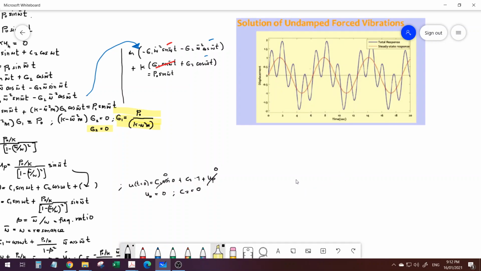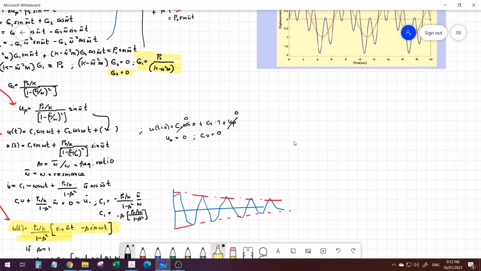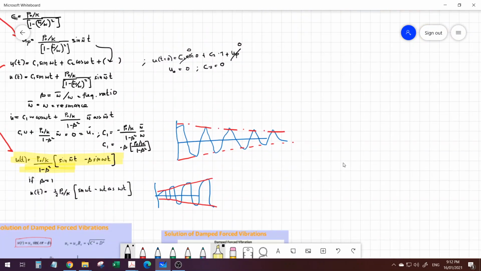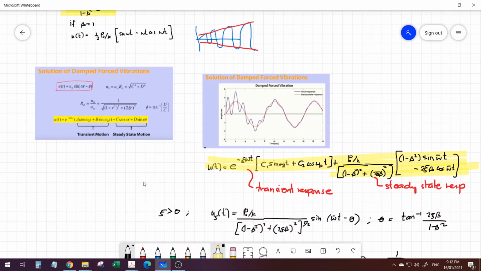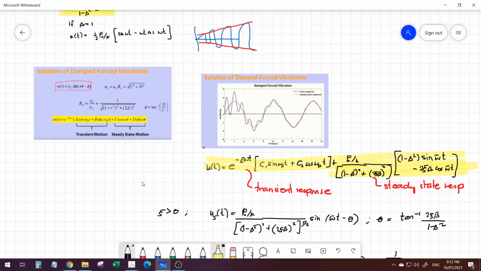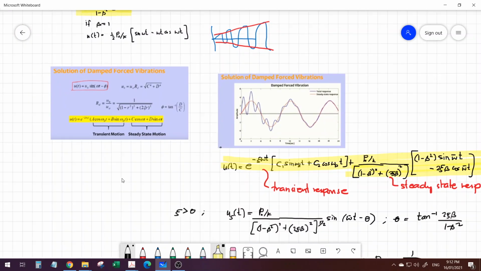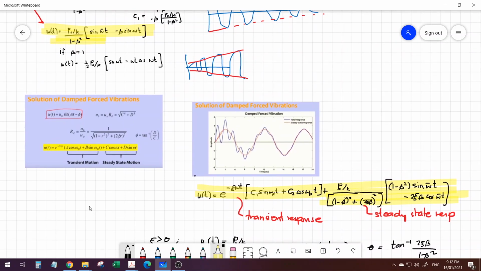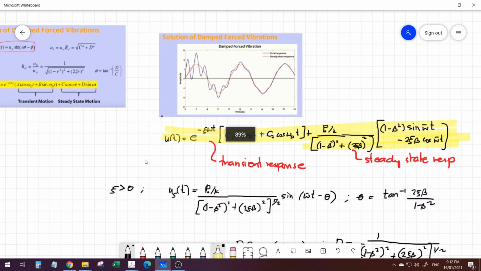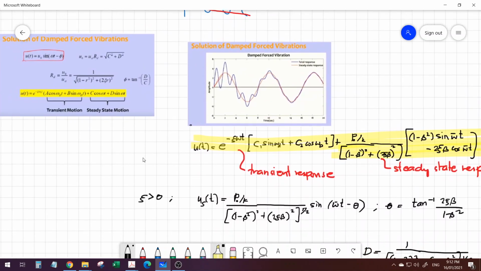Okay, but let's now go further to a more realistic situation, like a damped structure. For structural engineers, our structures have an inherent damping. The solution is quite mahaba, quite long.